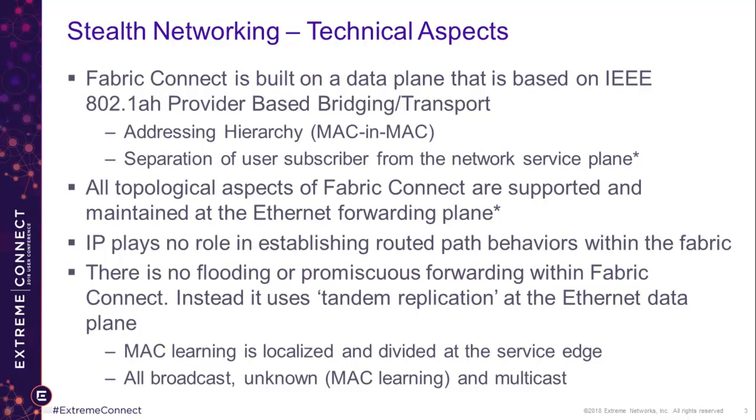IP as a protocol plays no role in establishing routed path behaviors or the topology within the fabric. So it is black from an IP topology perspective because IP really plays no role. There is also no flooding or promiscuous forwarding within the fabric itself, within the service core.